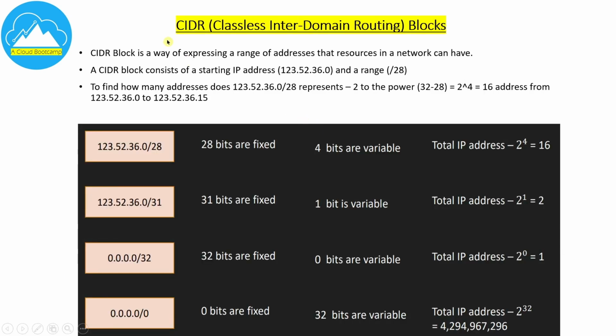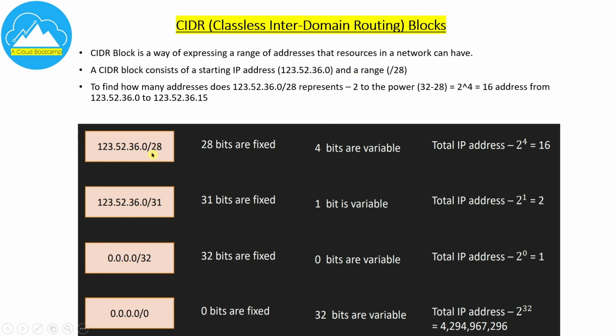Yeah, this is the CIDR. So as I mentioned, CIDR is nothing but this /28 is the range, and this is the IP address. If you could see, I've mentioned over here that a CIDR block consists of a starting IP address. In this case, the starting IP address is 123.52.36.0 and a range.